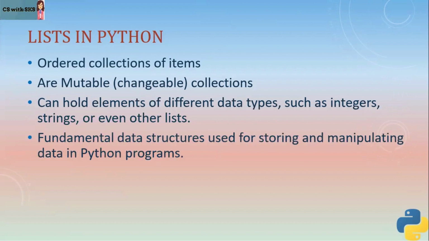Now, these are basic data structures used for storing and manipulating data in Python programs. We also use lists to implement arrays and various other data structures. Talk about stacks, queues, right?